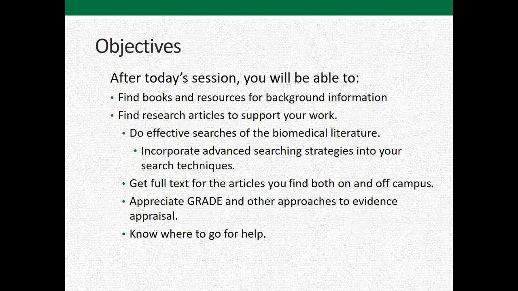I won't have time to get into too much of that, but I'm going to give you a few tips. Then how to get full text, whether you're on campus or off, and some of the critical quality appraisal checklists and tools such as GRADE for appraising the strength of the evidence that you find, okay? And knowing where to go for help.